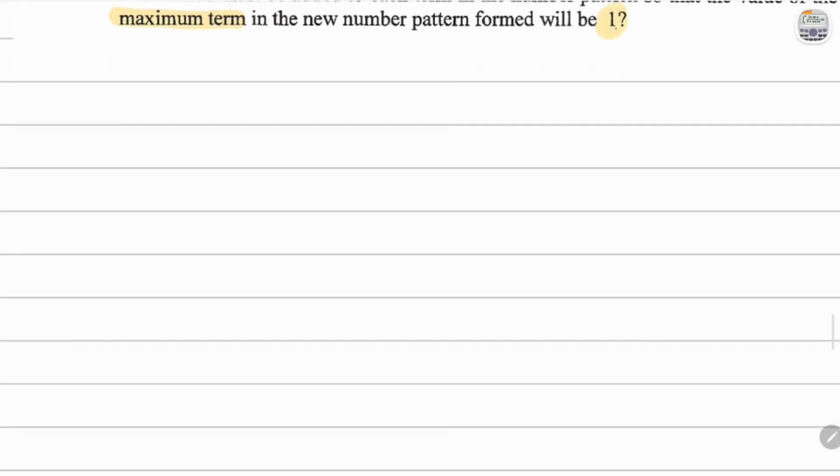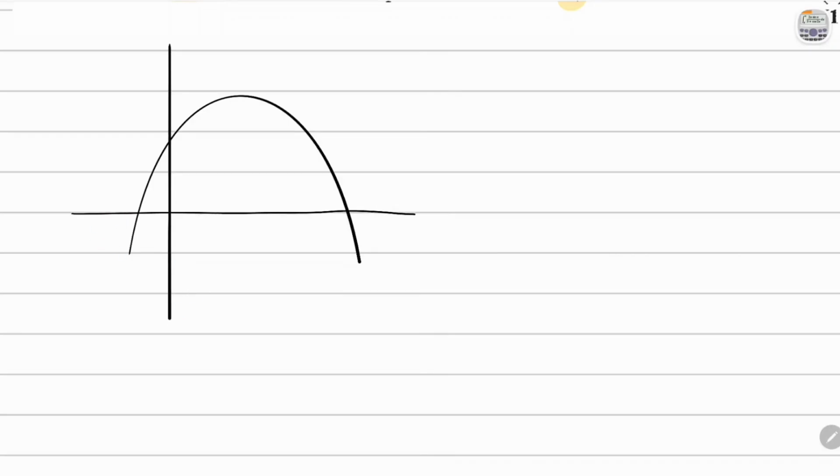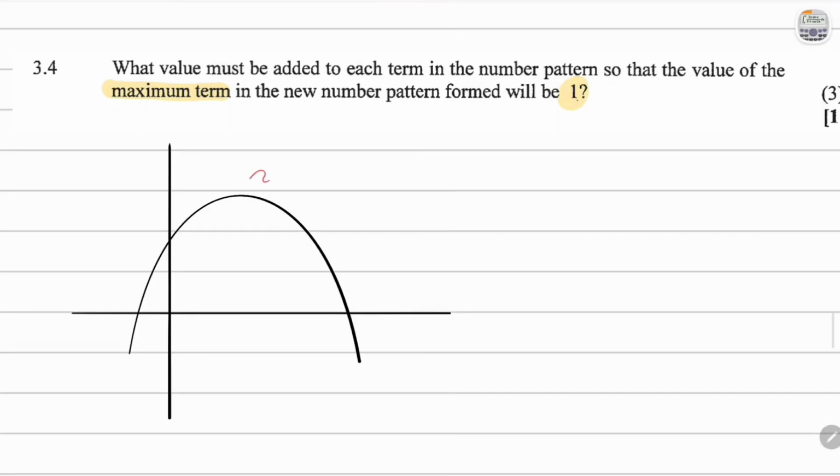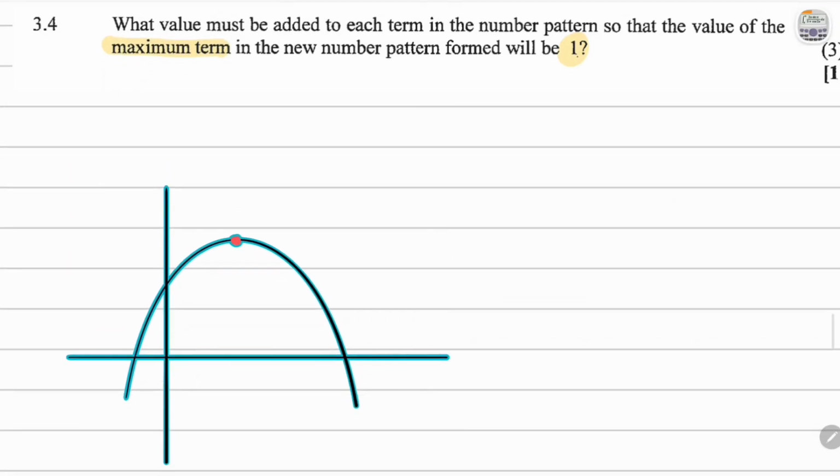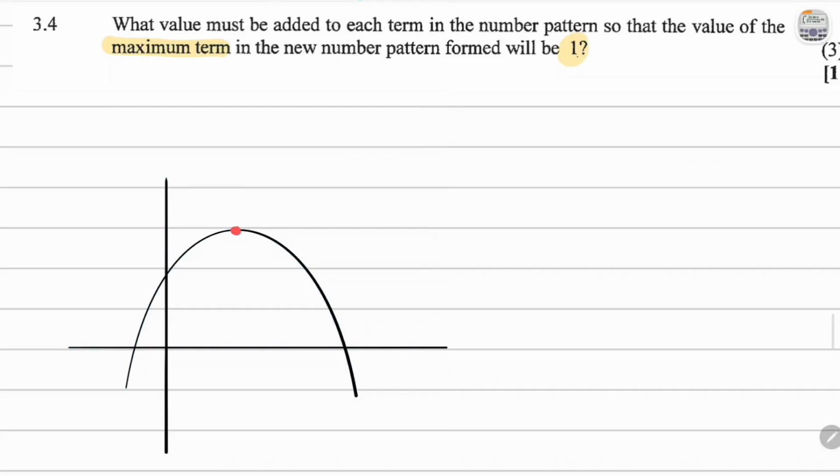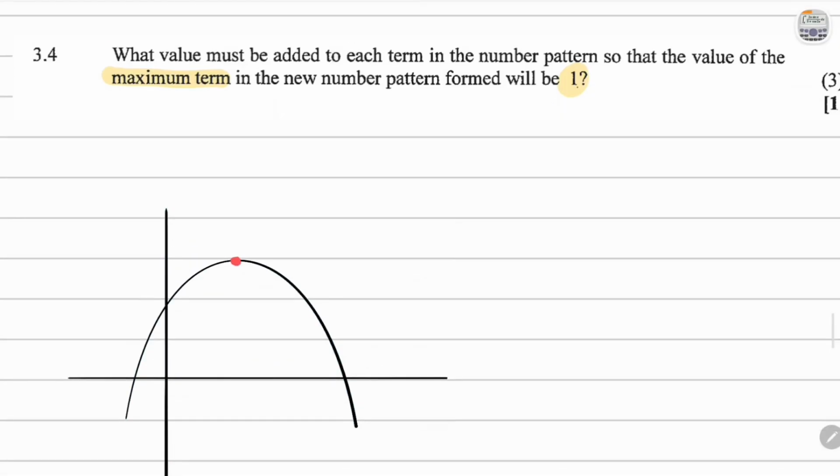So it's going to form a concave down parabola, and this parabola, regardless of where it is, is going to have a maximum value. So it has a specific maximum value currently. What they want us to tell them is what should be added to this current one so that the new one has a new maximum of 1.